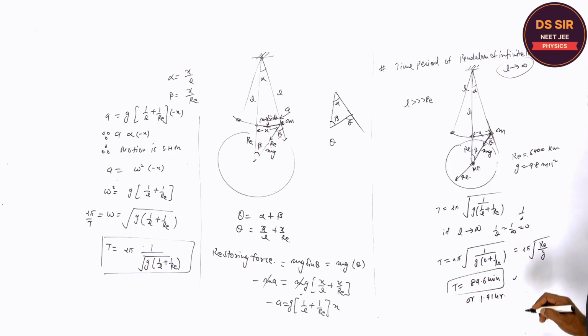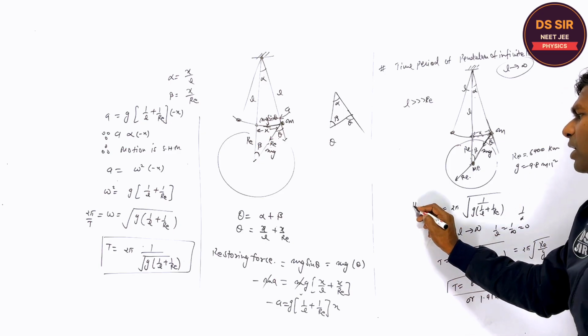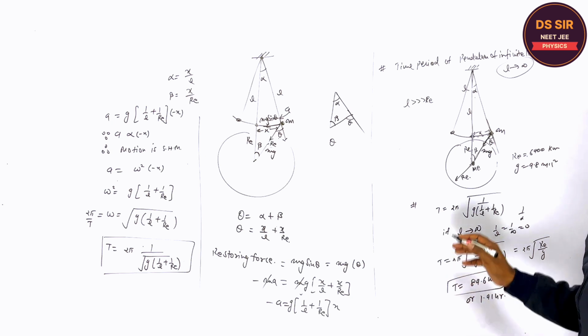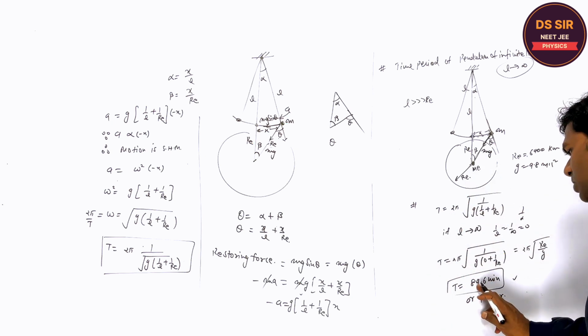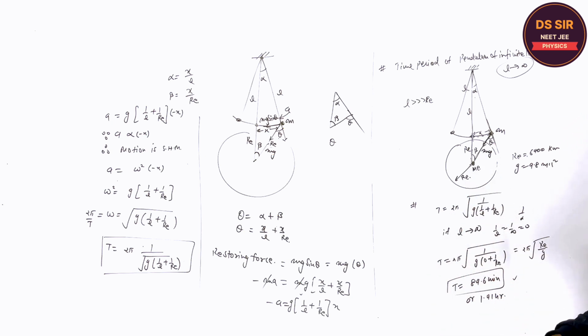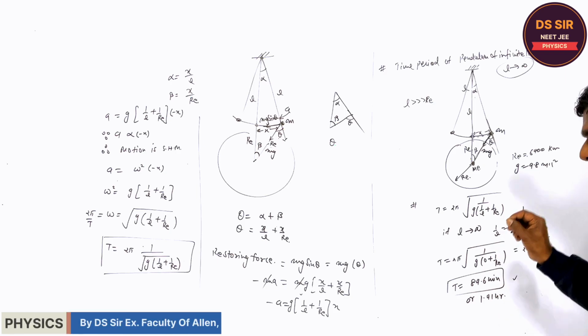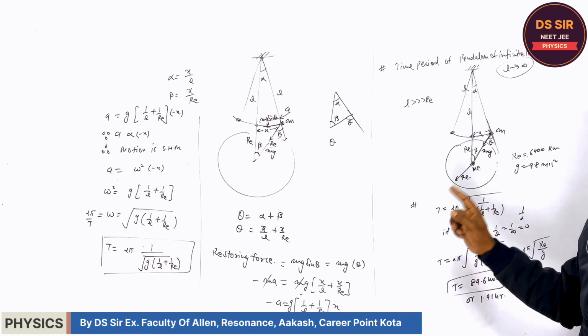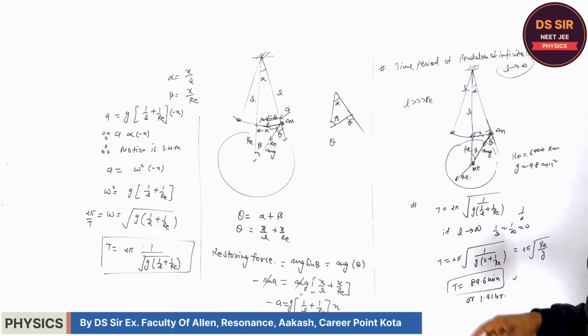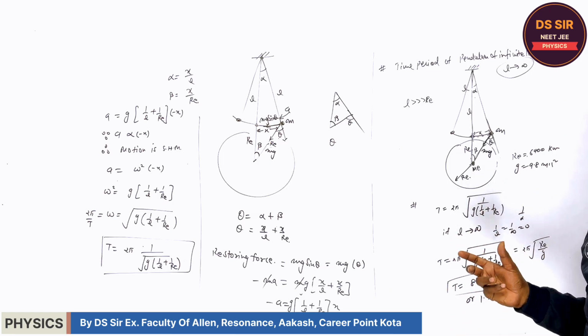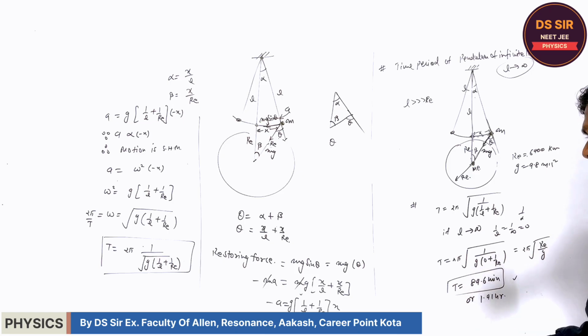So what is the time period of the simple pendulum of infinite length? It is 84.6 minutes. It is the same time period as the oscillation of a simple pendulum in a satellite. When we discuss gravitation, the same time period comes for the simple pendulum in the satellite. You have to remember this data.